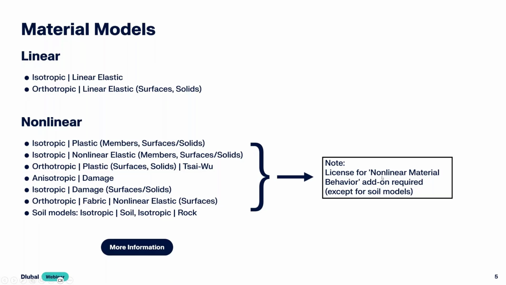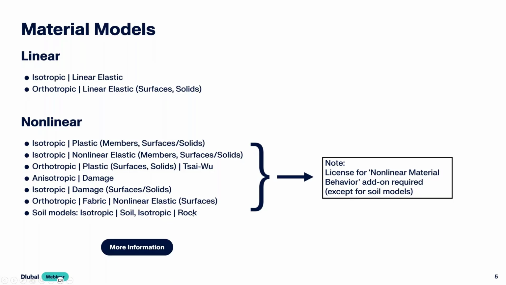And with the nonlinear material behavior add-on, you have these material models available. First, the isotropic plastic, then the isotropic nonlinear elastic, the orthotropic plastic, the anisotropic damage, isotropic damage, the orthotropic fabric, and then there are the soil models: isotropic soil and isotropic rock.